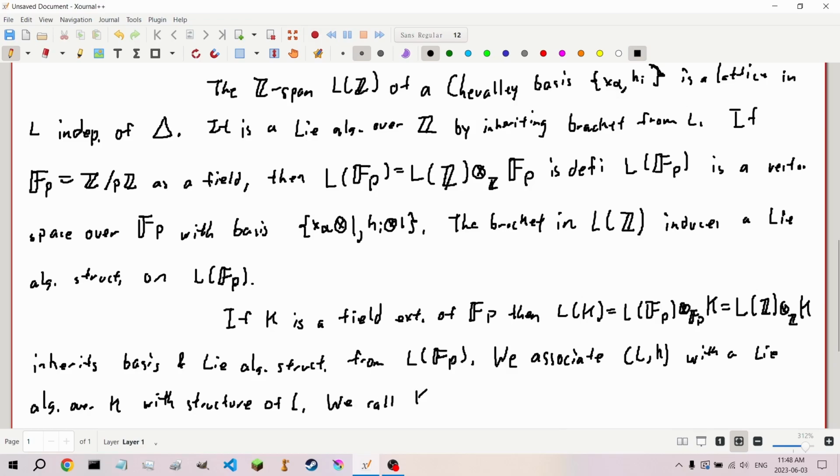We call L of K, extension of L to K, a Chevalley algebra.